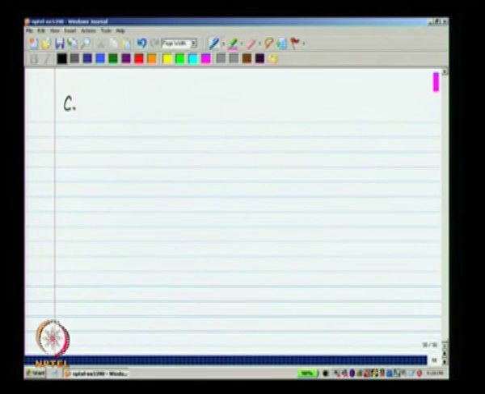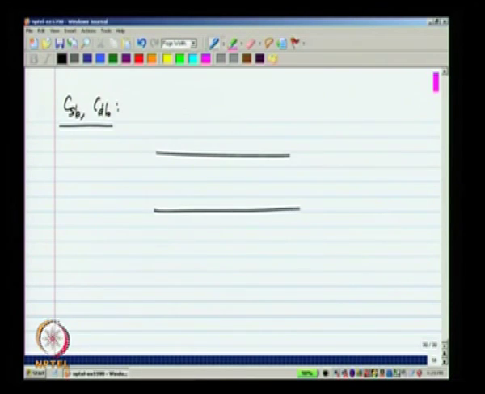Now, regarding CSB and CDB, CSB is basically the junction capacitance of the source junction, and CDB is the junction capacitance of that junction. Exactly how much the capacitance is depends on the area of the bottom face and also the side faces.